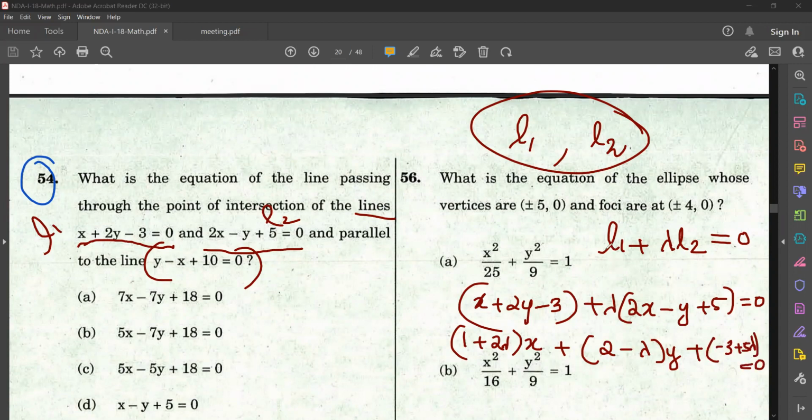Why? Because we are collecting all the terms. Next, what is the next step? You have to find lambda.